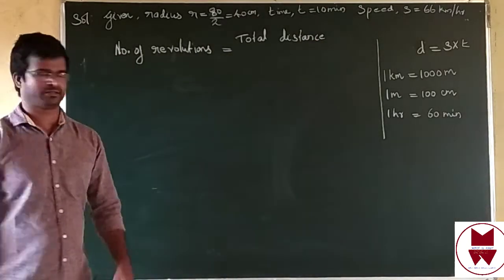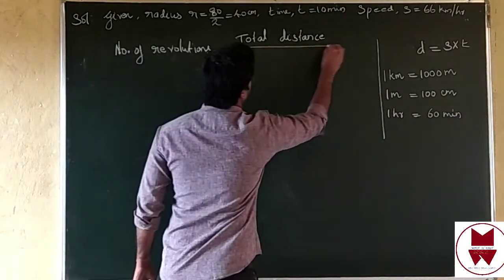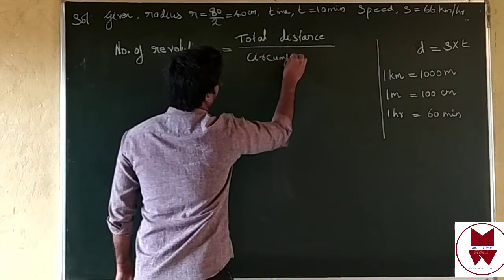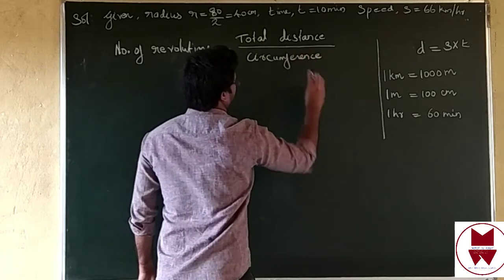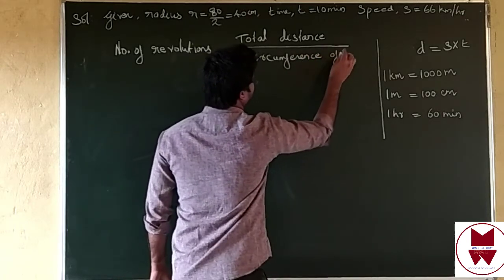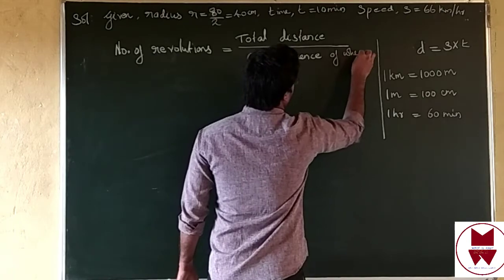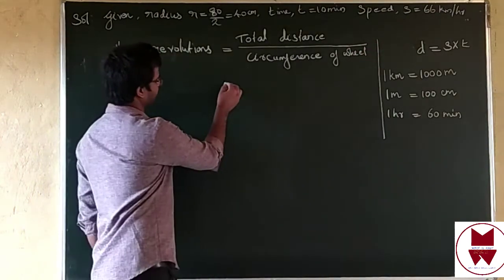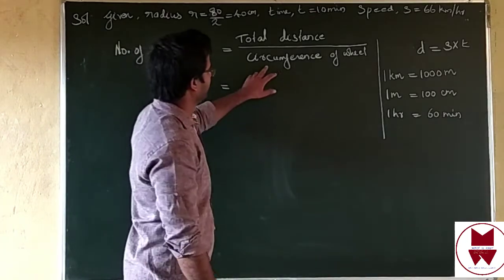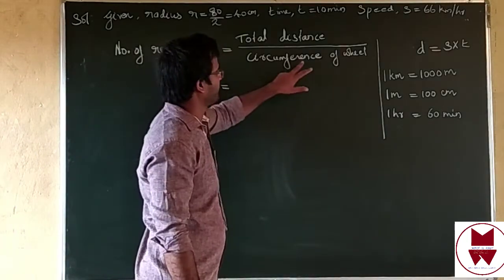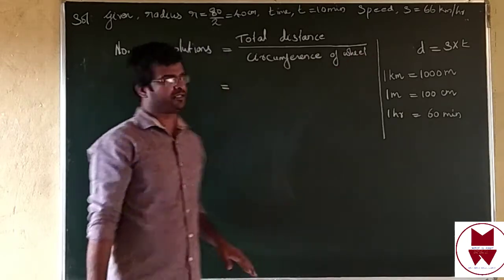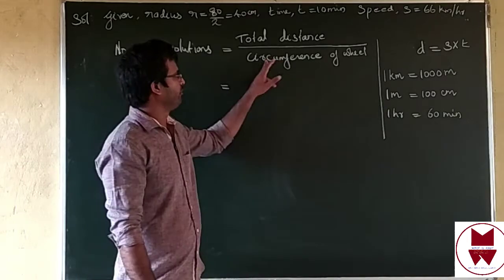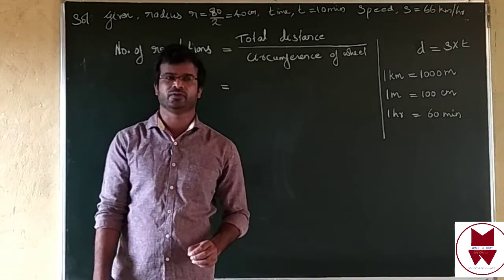Just write total distance divided by circumference of wheel. Always keep in mind, whenever revolution or rotation is there, we will use the circumference of the wheel.